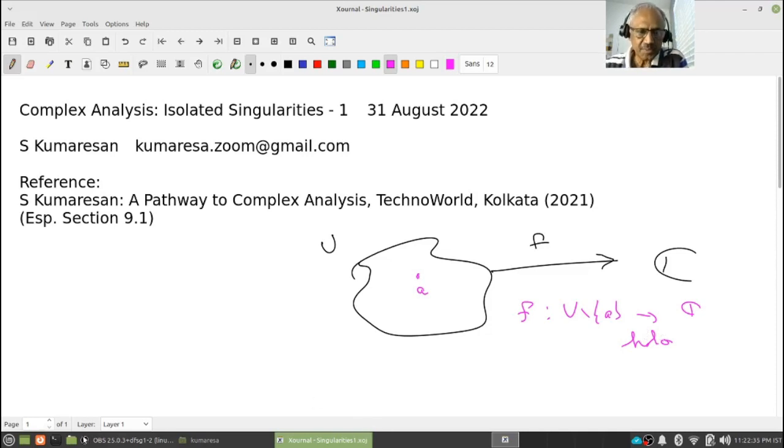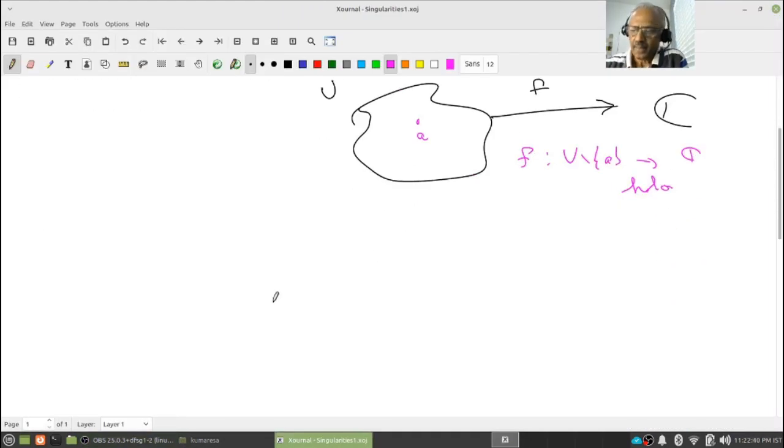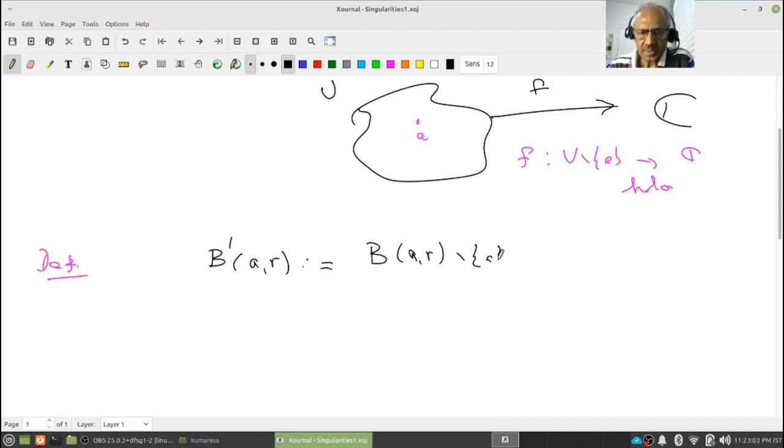So let us make a definition. Whenever we write B'(A,R), this is the so-called deleted open disk, that is, punctured open disk. You take the open disk centered at A with radius R, but remove the center A. Notice that this is an open set.